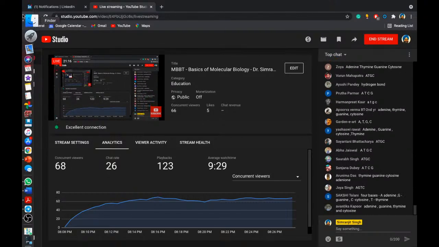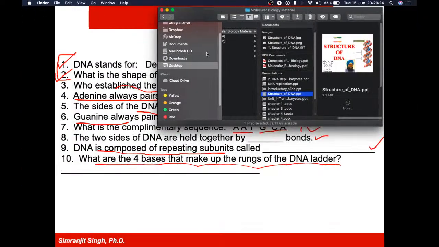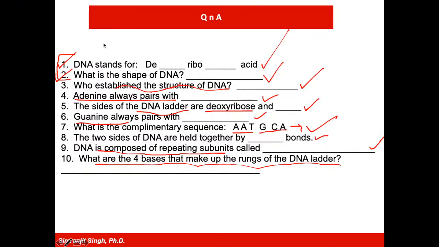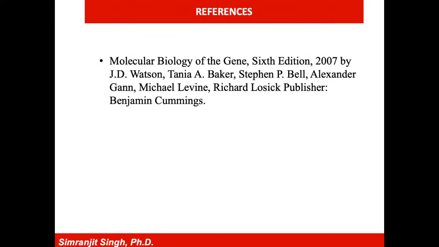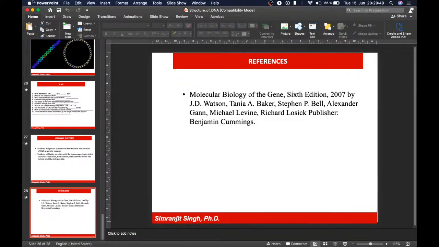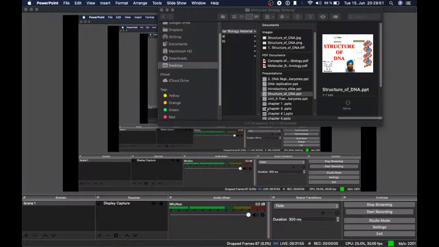So we will not consume our time on other things. The outcome is that you got to know the structure and function of DNA. Now we can correlate this part of DNA with replication, transcription, and translation, which will be very helpful for further lectures. So these are references. I will discard this. Good.